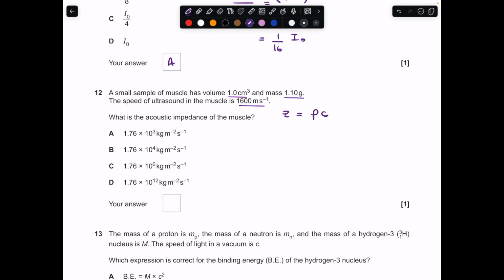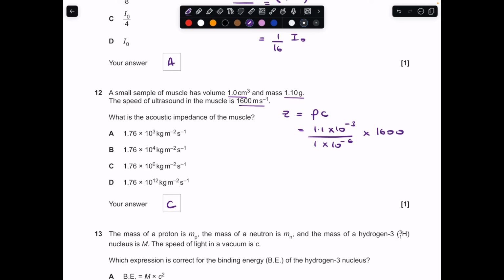We are given the speed in the muscle is 1600. So density is mass over volume. Mass is 1.1 times 10 to the minus 3 kilograms divided by the volume, which is 1 times 10 to the minus 6 meters cubed. Times it by 1600, and you'll have your answer as C.